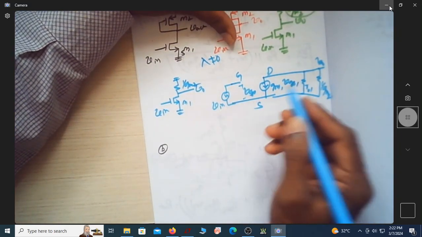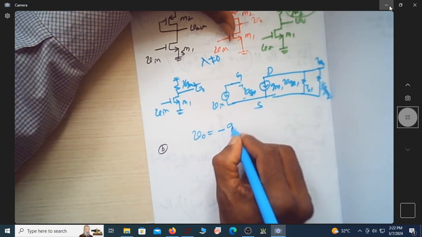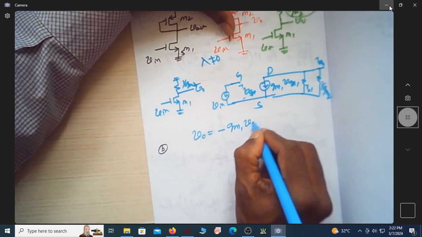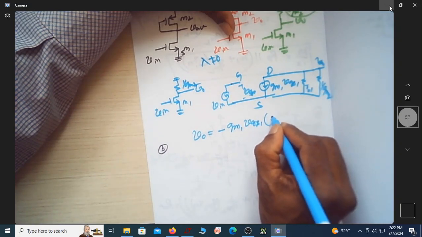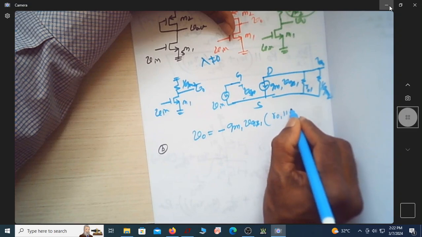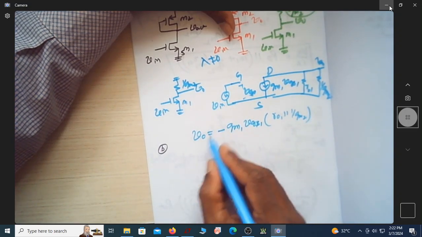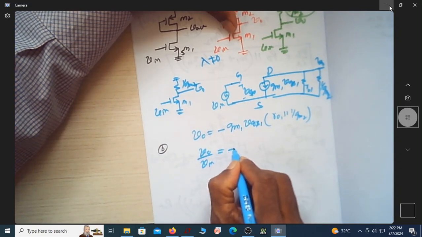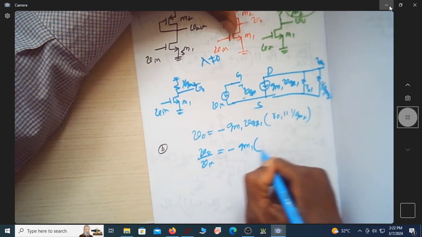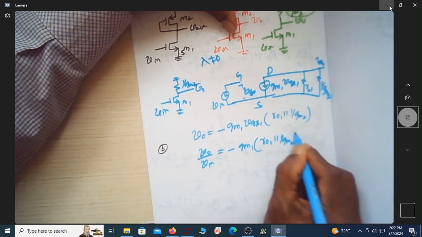So now, of course, I can write V0 as equal to minus gm1 VGS1 multiplied by r01 parallel with 1 over gm2. Since VGS1 is equal to Vin, I can write V0 by Vin is equal to minus gm1 into r01 parallel with 1 over gm2.